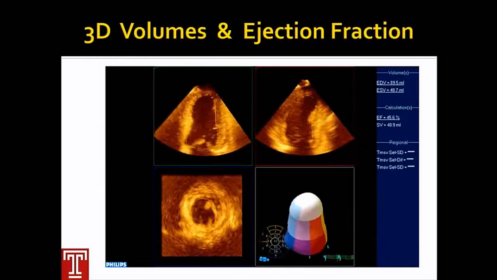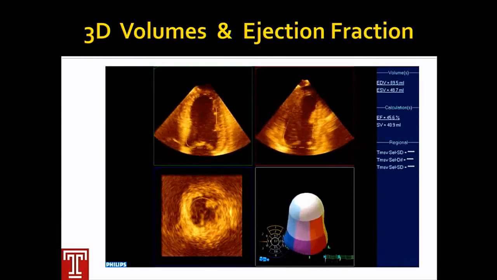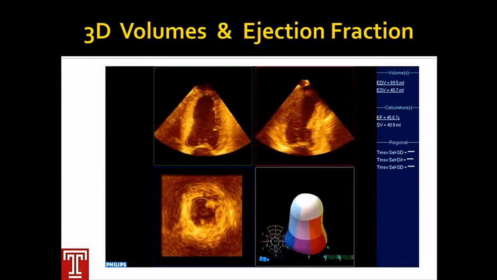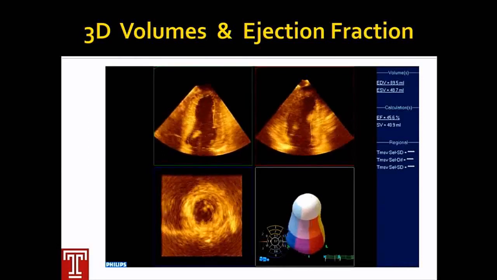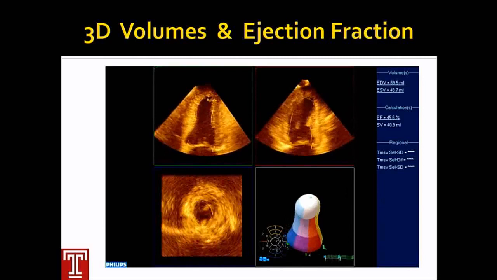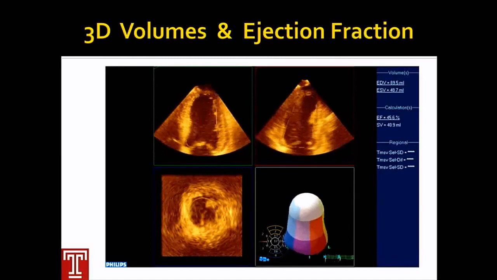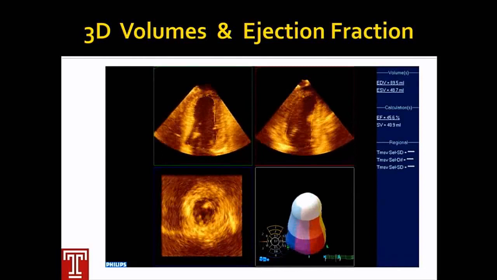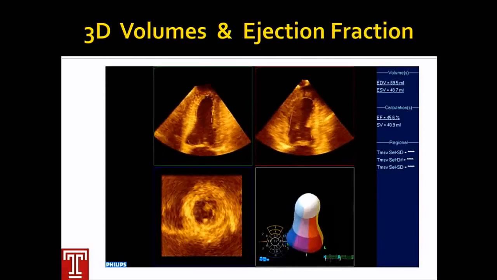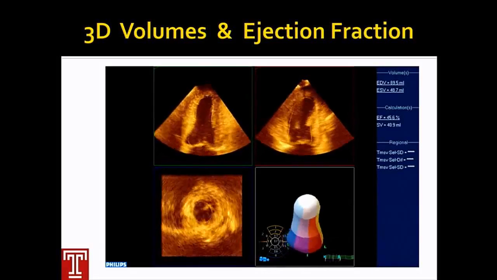You can usually edit those endocardial decisions based on the automation to fix things up a little bit, and then a 3D volume is generated. Both end diastolic and systolic volumes can be determined, and ejection fraction as well. So again, it can be done.